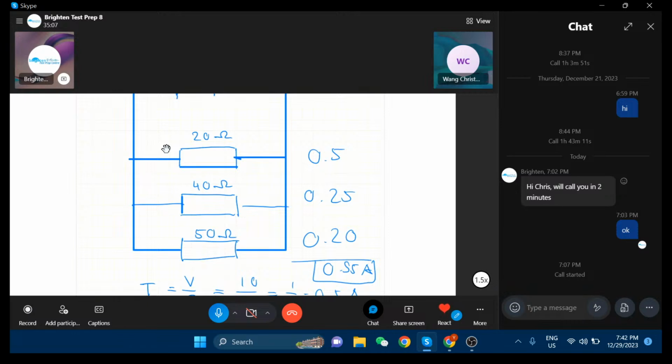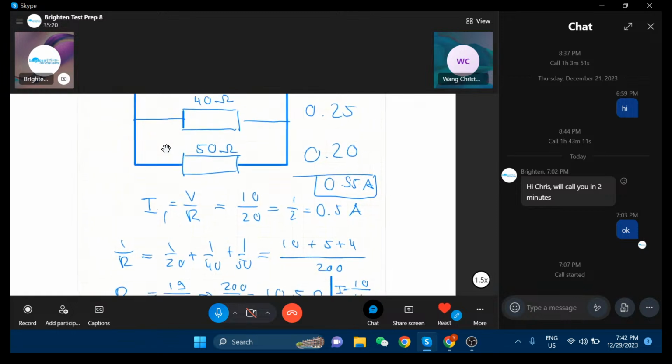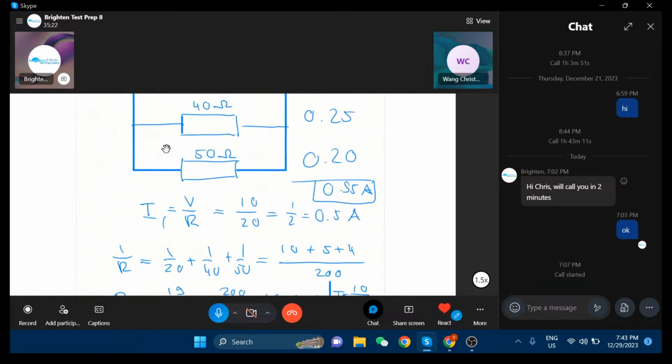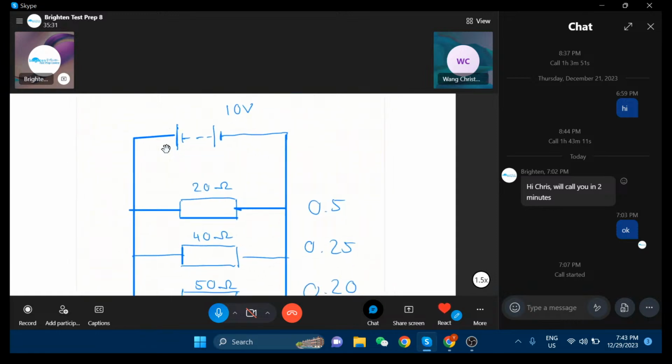So we have different ohms, of course. We have the split of I. So we had different amps, and in the end, we had to calculate here what is the voltage.